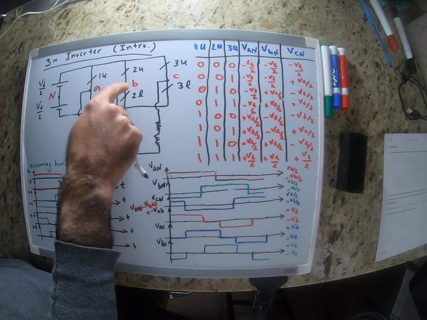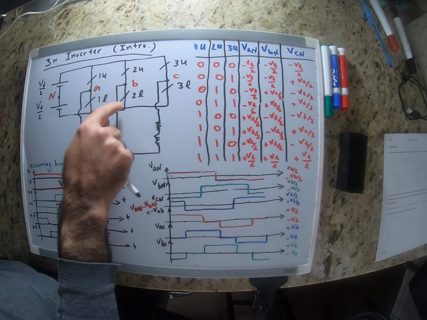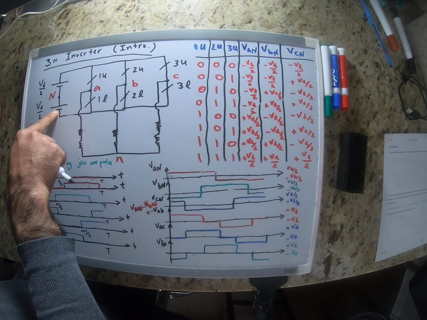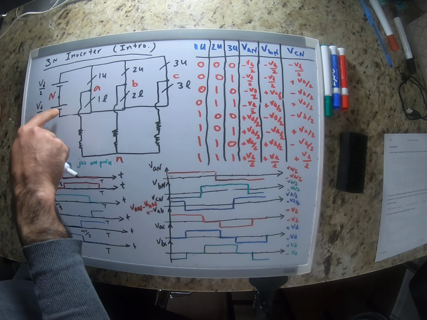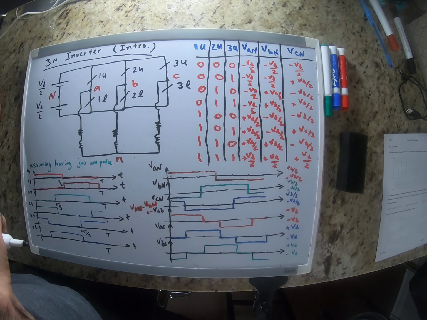Voltage of B and C the same way, because the lower level switches are on, so they get connected to this DC source, and because of the polarity, the voltage is going to be negative VD over 2.